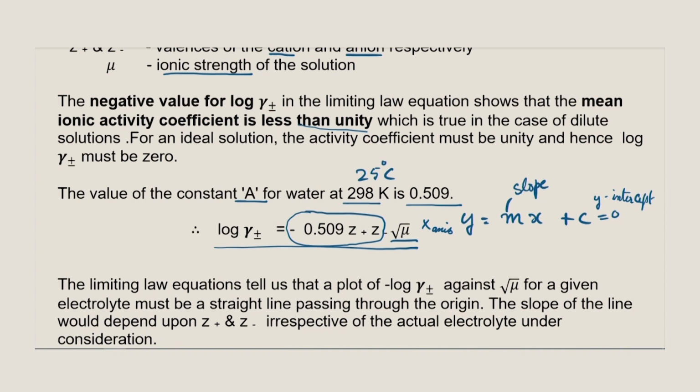Now, if this is a slope, how far will it be? Since c is equal to 0, the graph should be in such a way that it passes through the origin, because it does not have a y-intercept. Now, what will be the condition of the slope?